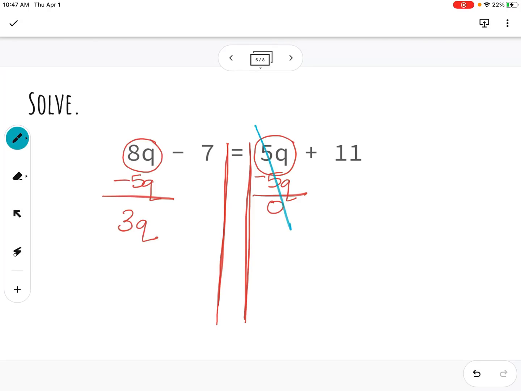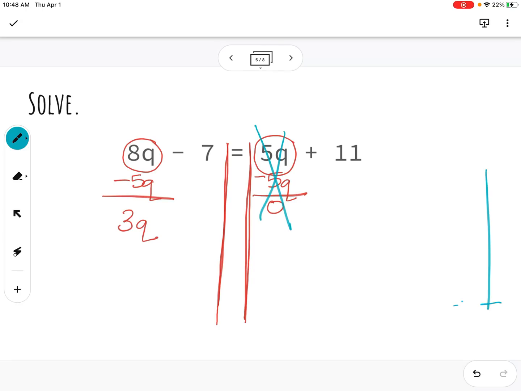Super. So now over here, that's out of my way. On this side, I'm still noticing though that I have a number. Since it's a minus, there's a subtraction right here. I'm thinking, how do I get to 0 if I have a negative number? And again, we could think of our number line.